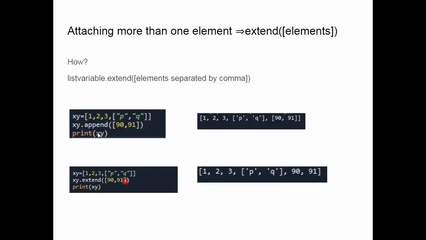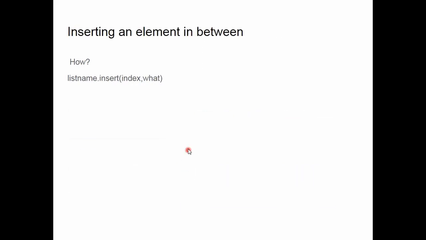And if we try the same concept with append, square bracket, and within the square bracket I type the sequence of elements that I want to append, this will be appended as a sublist.